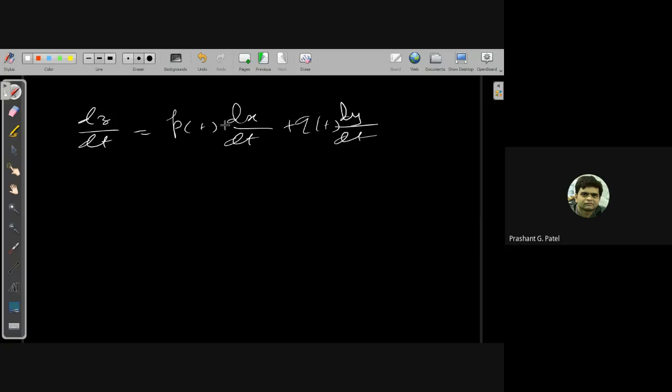This condition says that the tangent to the curve at each point lies on the plane whose normal has direction ratio p, q, minus 1.